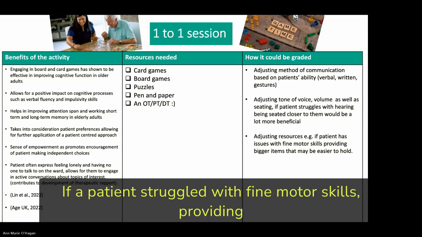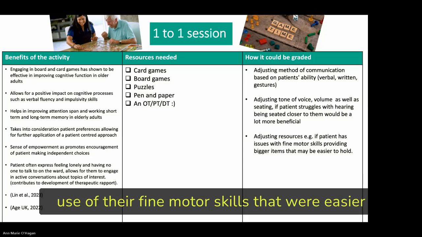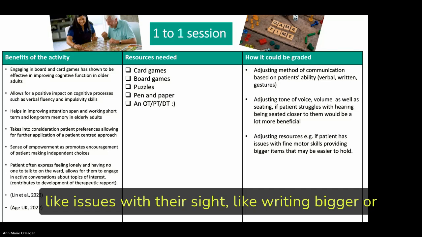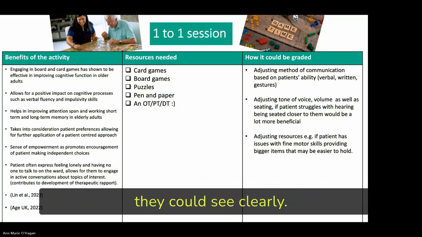If a patient struggled with fine motor skills, we provided items or games that were easier to hold, or if a patient had issues with their sight, we wrote bigger or gave resources and colors that they could see clearly. Next slide, please.